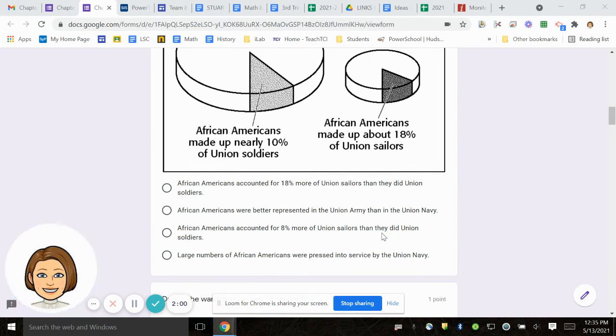African Americans accounted for 18% more of Union sailors than they did Union soldiers. African Americans were better represented in the Union Army than in the Union Navy. African Americans accounted for 8% more of Union sailors than they did Union soldiers. Large number of African Americans were pressed into service by the Union Navy.